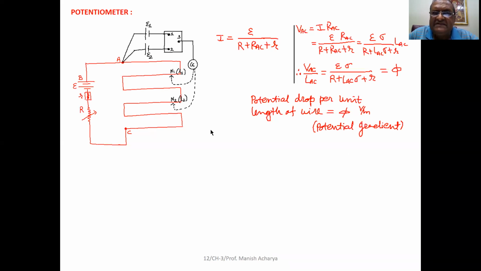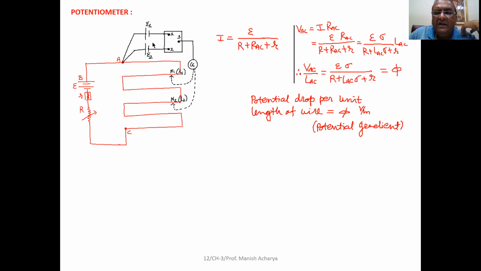Now, suppose in this circuit, first we connect terminal number 1 and terminal number 3. So here the cell with EMF E1 is now connected in the circuit, the cell with EMF E2 is at present disconnected.